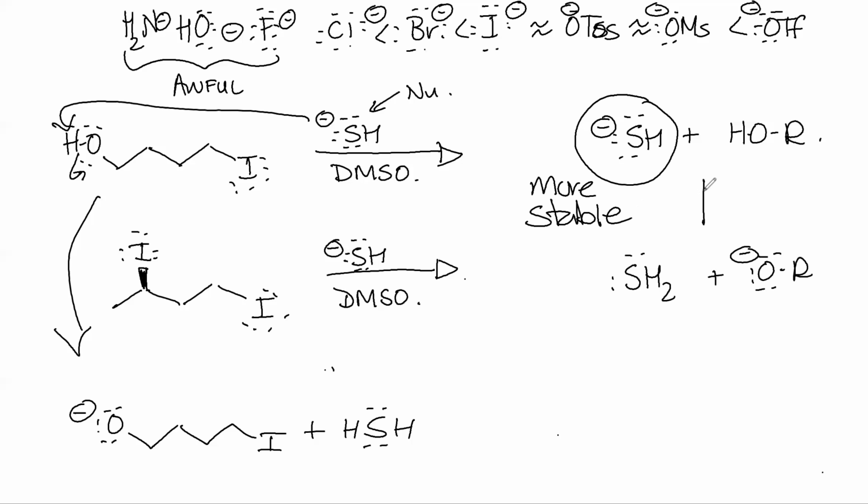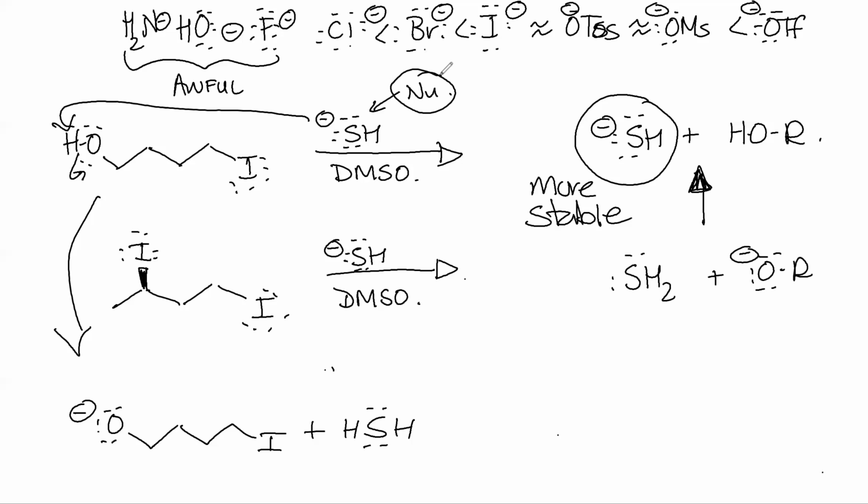This would go in this direction. So if we go back to this reaction here, this S minus is not going to deprotonate this hydroxide because in fact it should be going the other direction. This negative charge is stabilized in this large sulfur orbital, which is one of the reasons why SH minus is never going to be a base. It's always going to be a nucleophile.